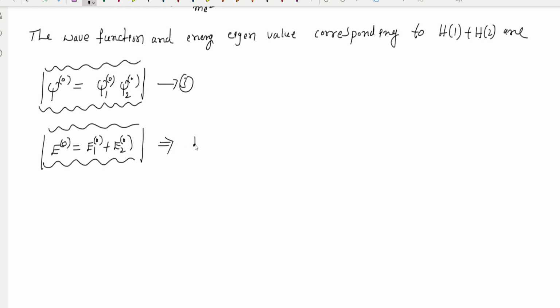So E1 we already know, minus Z squared m e to the power 4 divided by 2 h cross squared, and plus, because the plus is there, and here the minus. So if you try to avoid this mistake, directly you can use the minus. Okay, then it's fine.